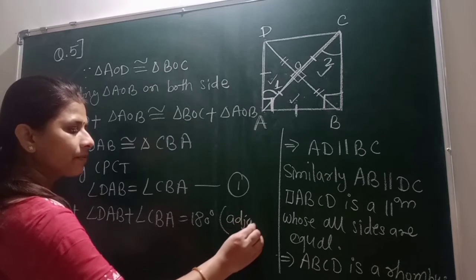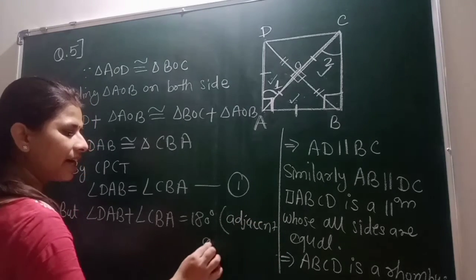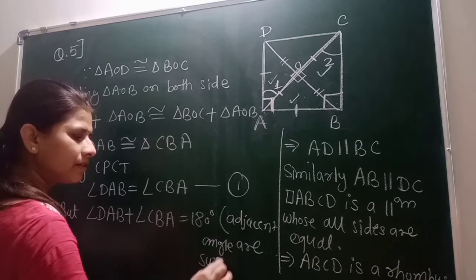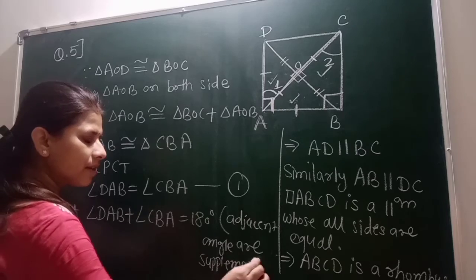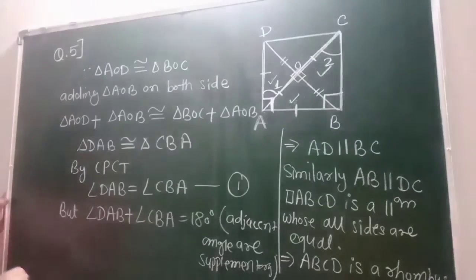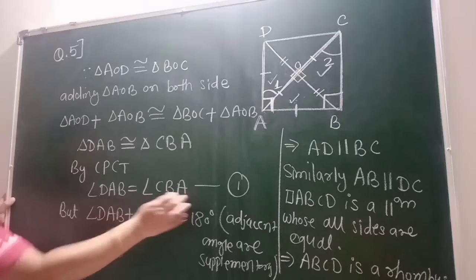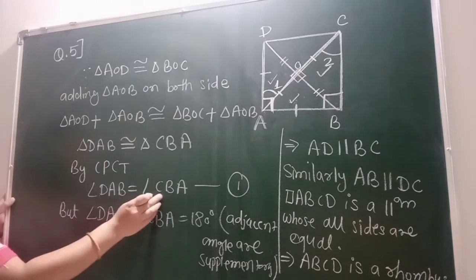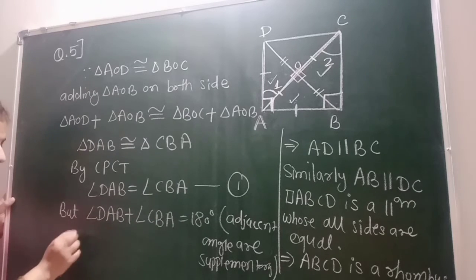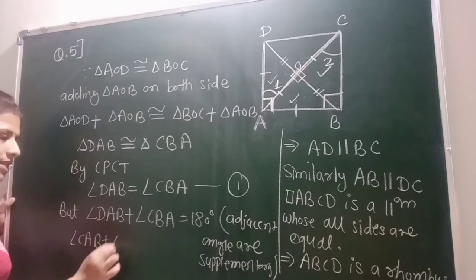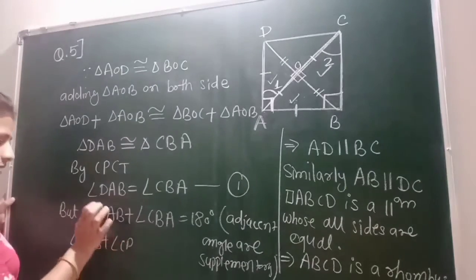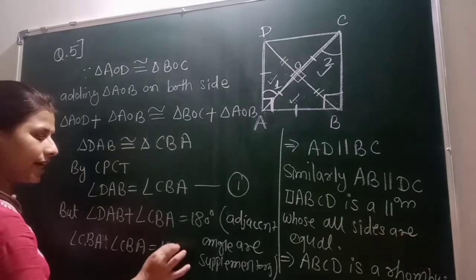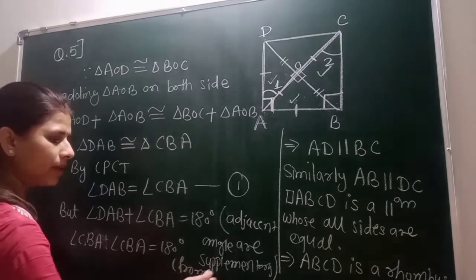Adjacent angles are supplementary. Okay, but from this, both the angles are equal, so we can write in place of DAB angle CBA, and when we substitute this, we will get angle CBA plus angle CBA equals 180 degrees. What we will write? From 1.